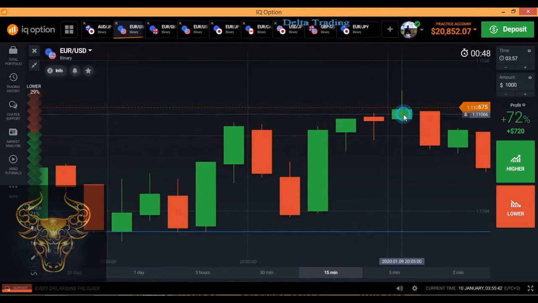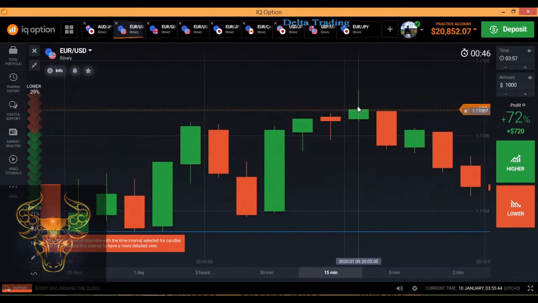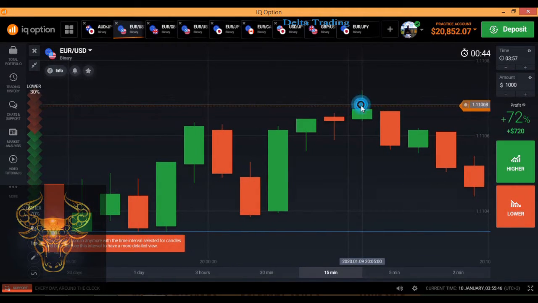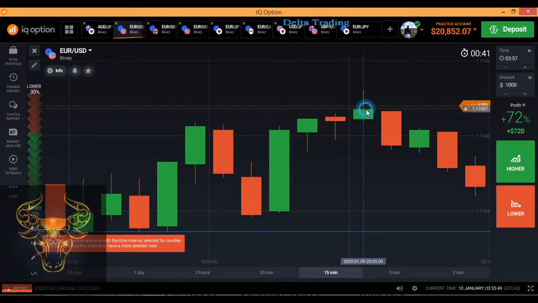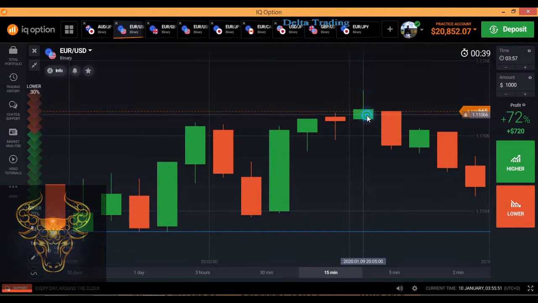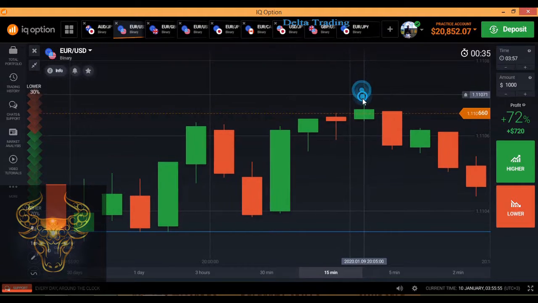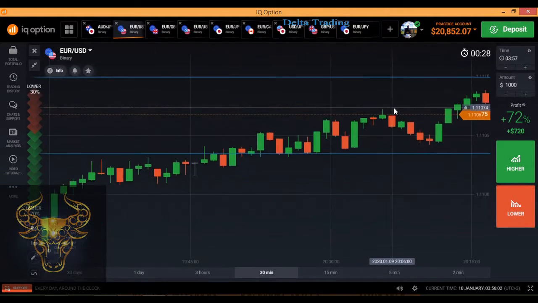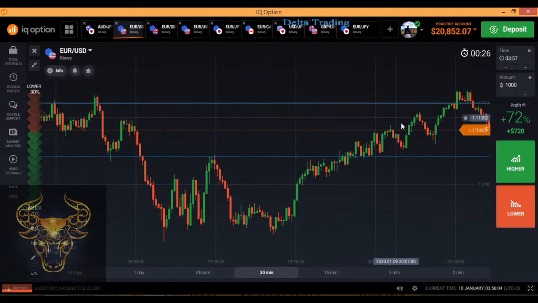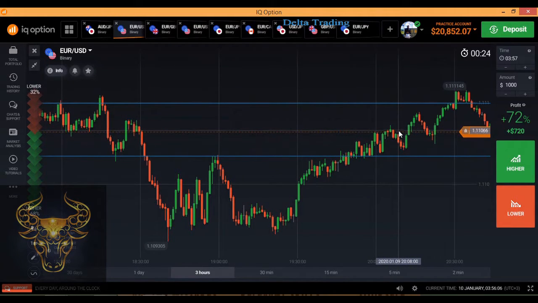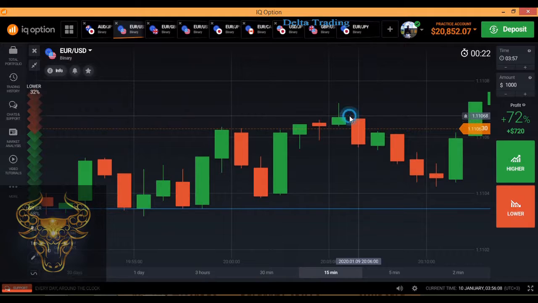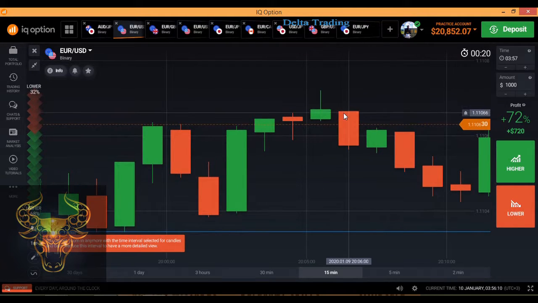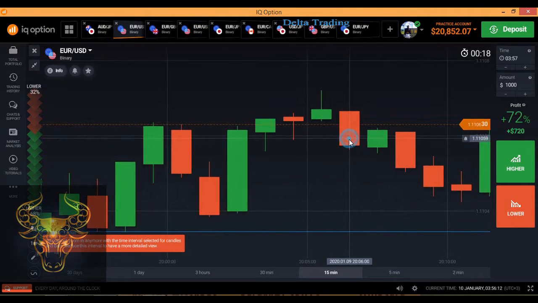For example here, you have an inverted hammer, so you have a rejection. When there is a very clear rejection here, what will happen? The entry of the sellers will come. And what is the other reason why there is a red candle here?